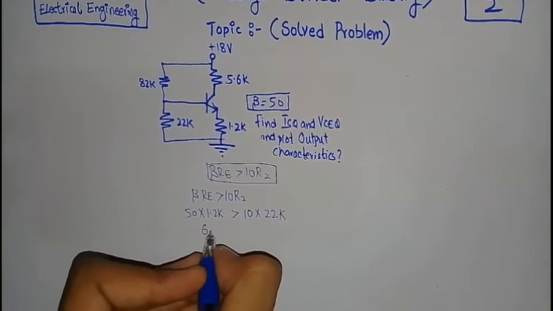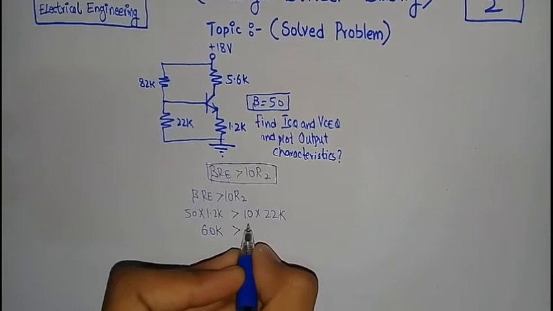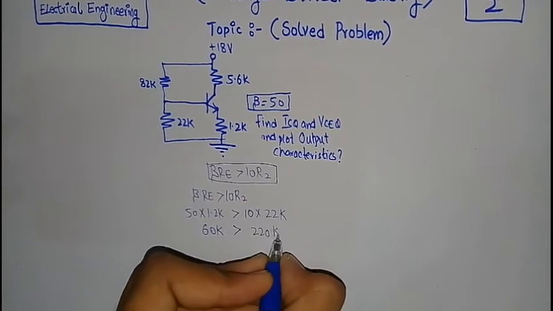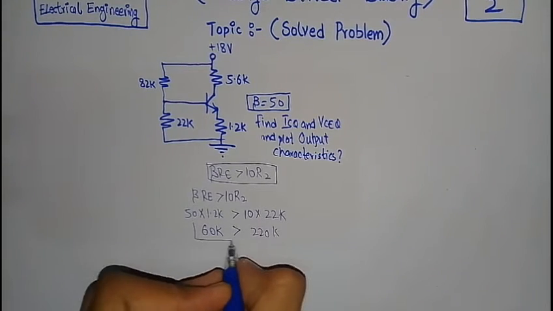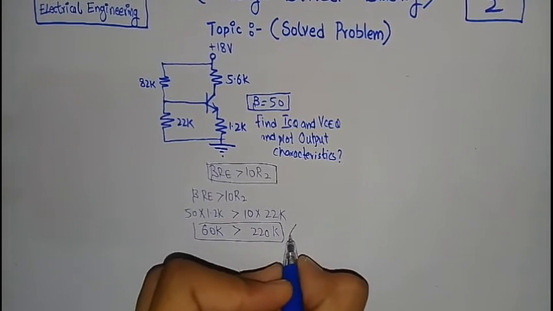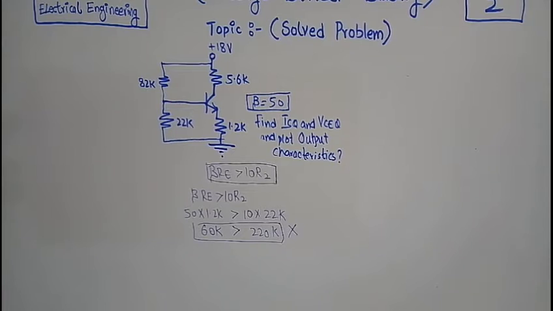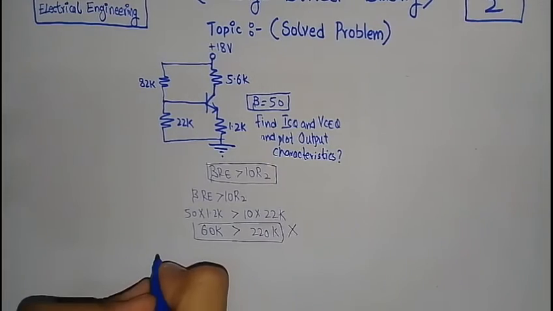So this will be equal to 120k and this is greater than 220k. So 120k is not greater than 220k. The condition is unsatisfied, so we will not apply the approximate analysis to this circuit. We will apply Thevenin's method.